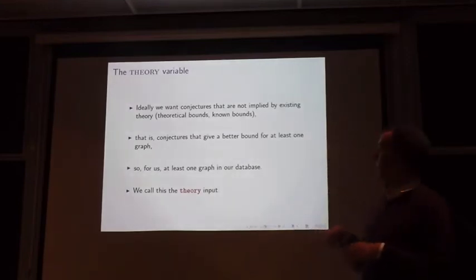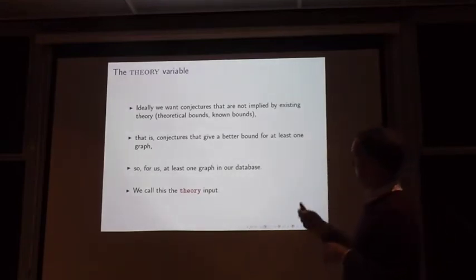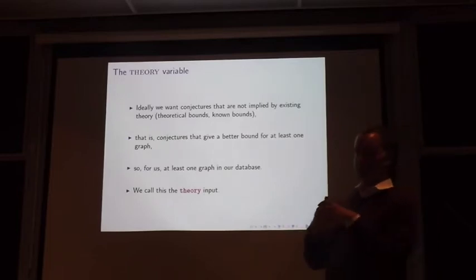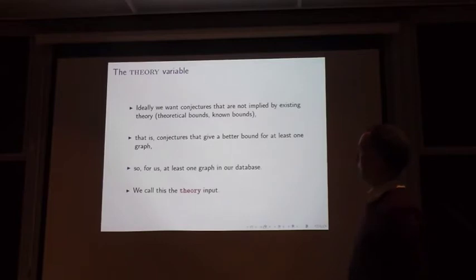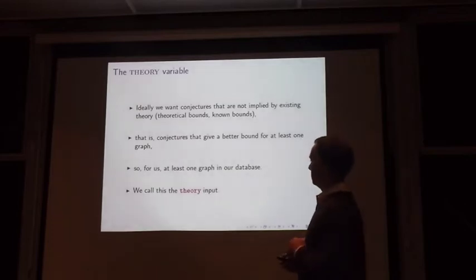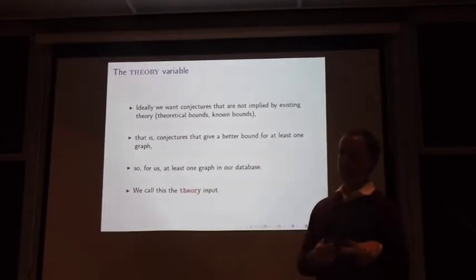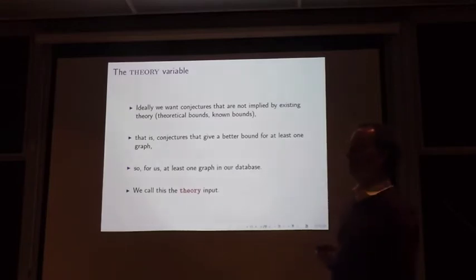For necessity conjectures, you want the intersection of the graphs that satisfy those necessity conjectures to be smaller. This is how we've coded these significance tests, and we can tell the program the things that we know and force the program to try and beat the existing theory.